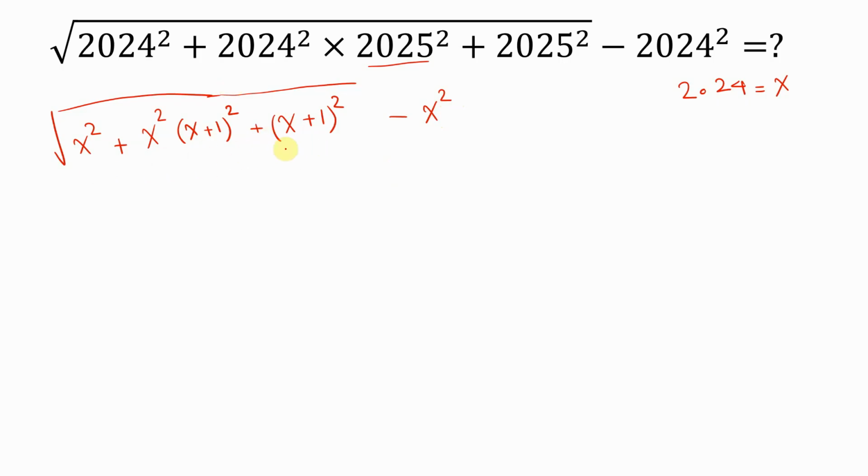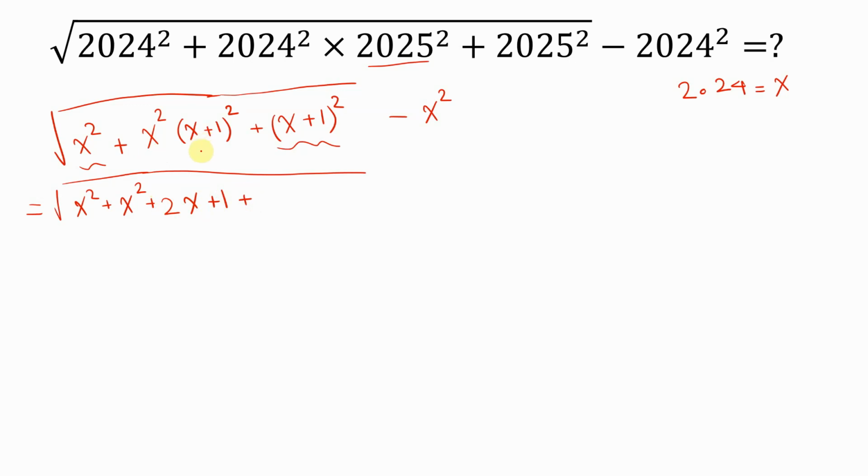This is our equation in terms of x. Now I'm going to expand just this one and use the summation between this term and this term. Here we have the first term, x squared, plus, if we expand this one, x squared plus 2x plus 1, plus this term.